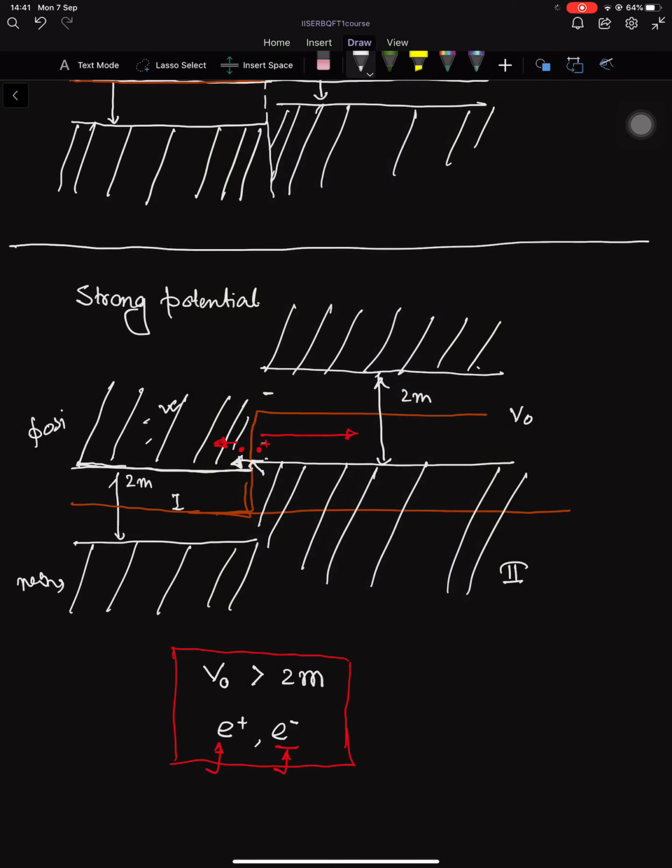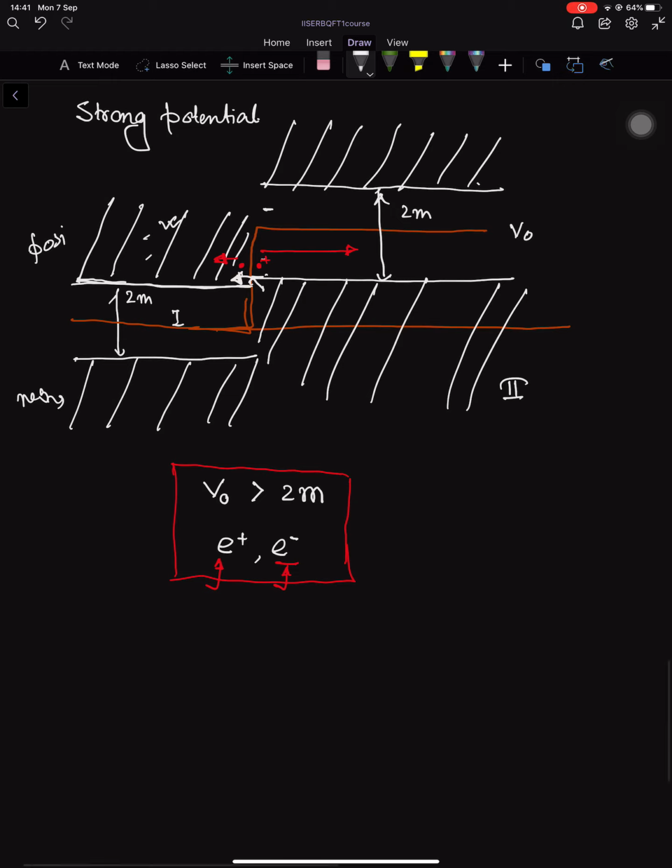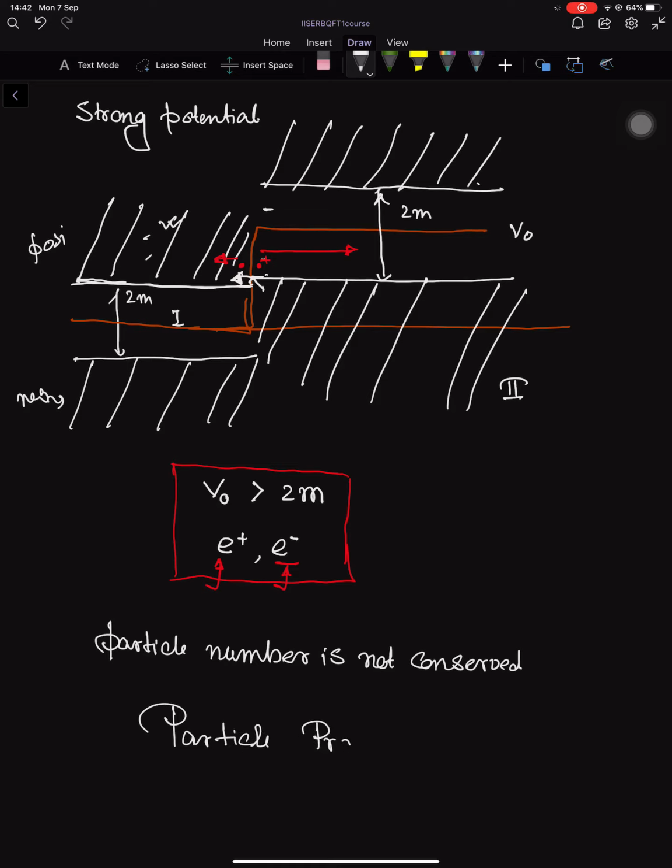Now you see that this is a big problem. This means that particle number is not conserved. And this phenomenon in quantum field theory is usually called particle production.